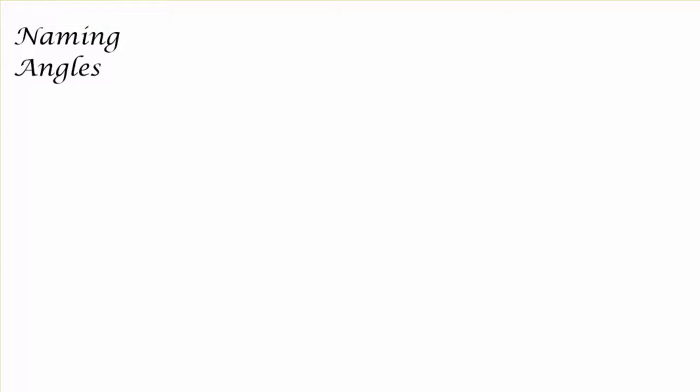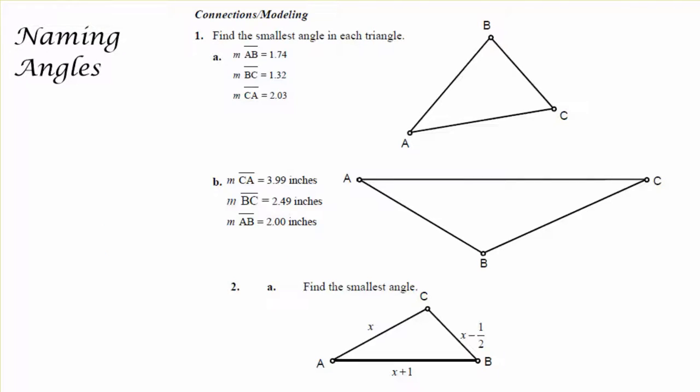Now, let's apply this to solve some problems. In the first one, I'm trying to find the smallest angle within the triangle. I know how long each side is, so let's look for the shortest side. I can see that side BC is the shortest at 1.32, so angle A, its opposite, has to be the smallest. In this second problem, I can do the same thing.